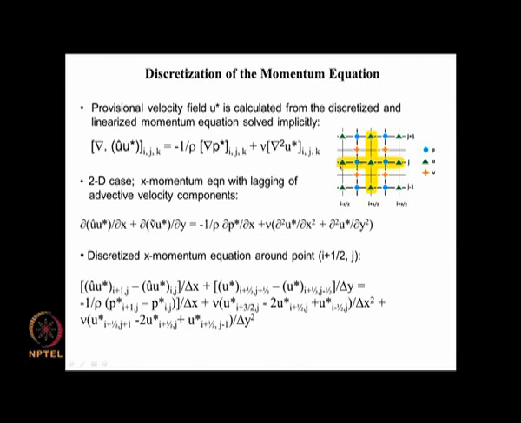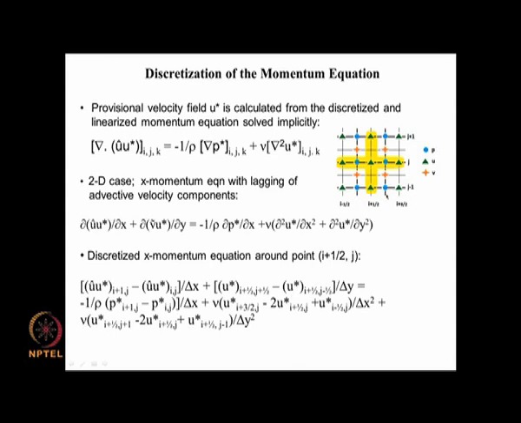So we have a computational molecule which brings in the U velocity at here I plus 3 by 2 j, which is this one, and here you have I minus half j, which is this one, and then you have I plus half j minus 1, which is this one, and I plus half j plus 1, this. So these are the 4 neighboring points which are being added to this to give you u star.